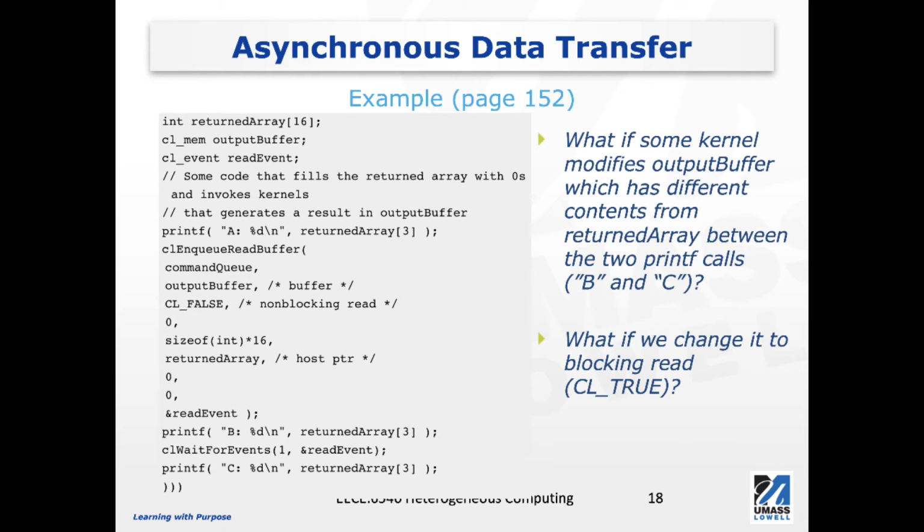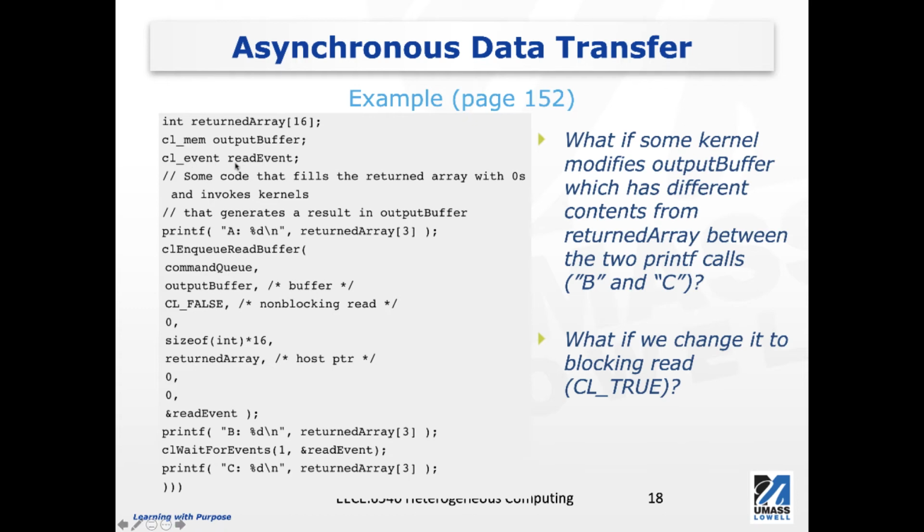Now we're going to look at one example. So we have a buffer on the host side called return array, and we want to use this to store the final result when the kernels are finishing their computation. cl_mem buffer is the output buffer that's on the device side, and we assume that the kernels put the final results into this output buffer. cl_event is to define an event that we're going to use in the read buffer API call.